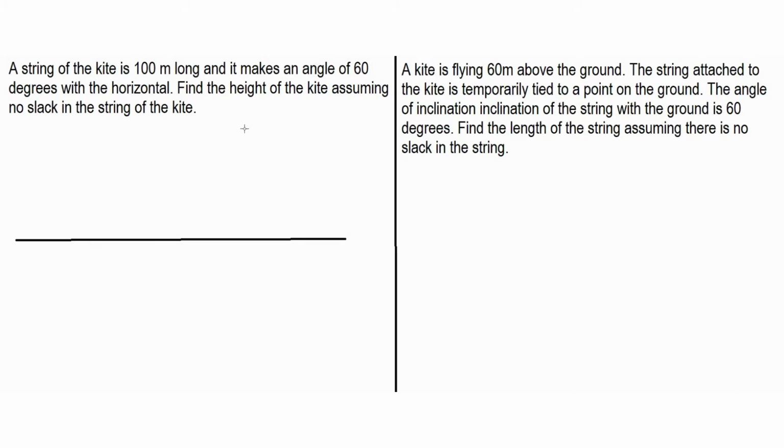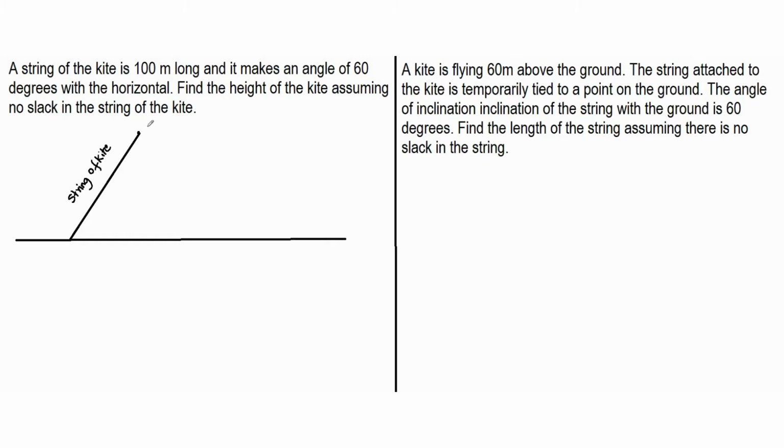There is a kite which is flying up in the sky, right? The string of the kite is 100 meters long and it makes an angle of 60 degrees with the horizontal. This is basically the string of the kite.